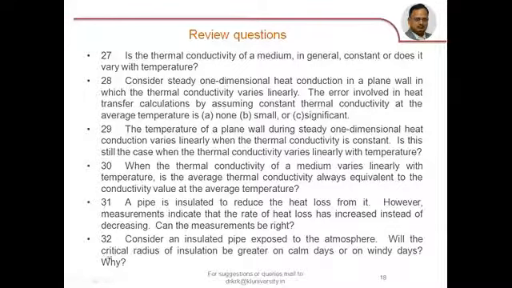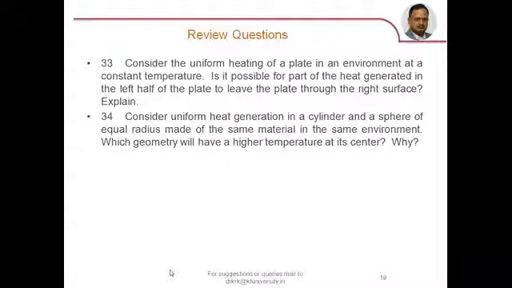Question number 31. Question number 32. Consider insulated pipe exposed to the atmosphere. The critical radius of insulation be greater on calm days or on windy days. Why? Consider uniform heating of a plate in an environment at constant temperature.